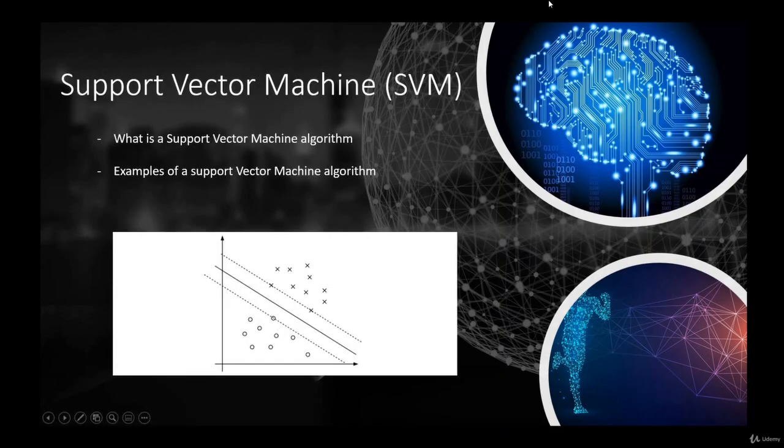All right, another type of algorithm that we are going to talk about today will be the support vector machine, which is one really interesting algorithm. This is a supervised machine learning algorithm that can be used for classification or regression, but it is mostly used for classification purposes.